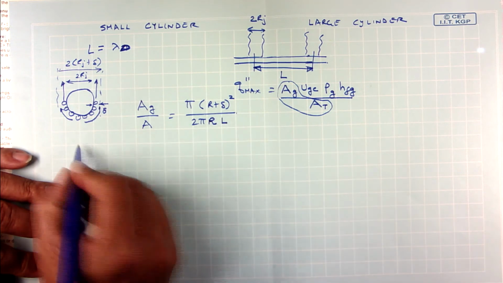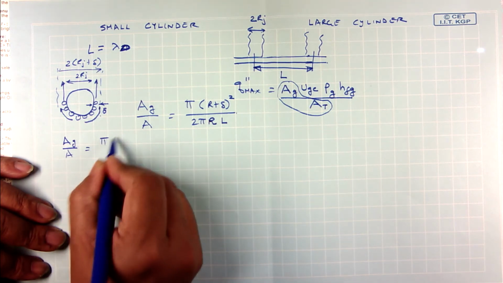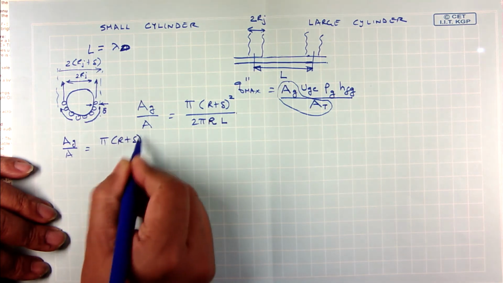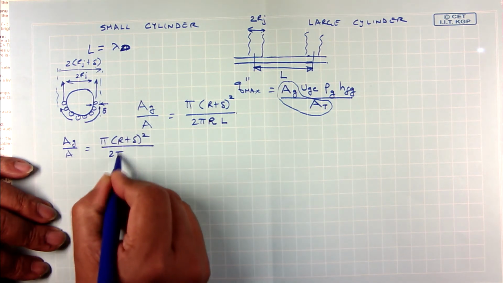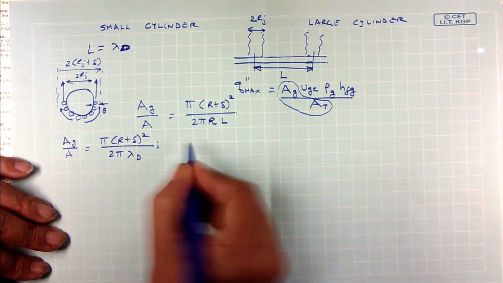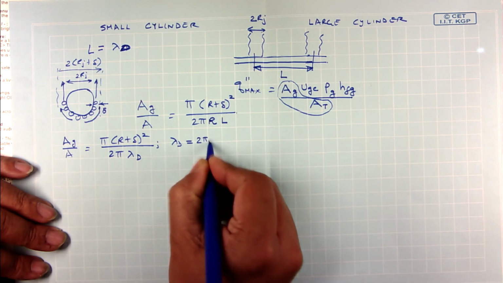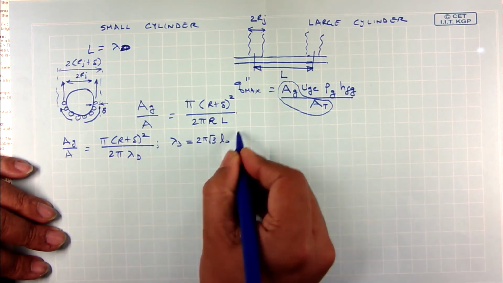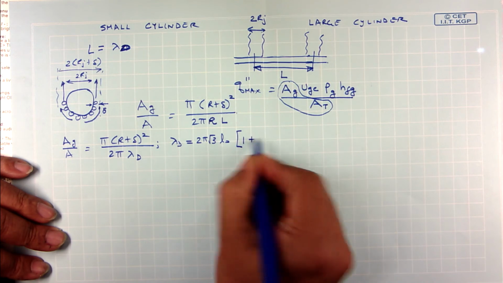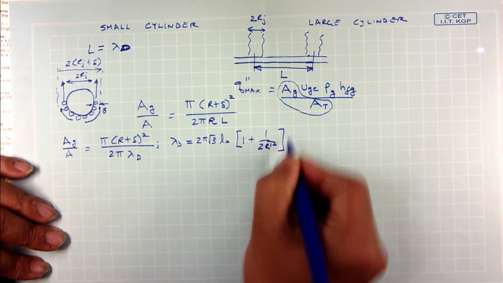So, Ag by A will come out equal to pi times R plus delta whole square divided by 2 pi times lambda d. And what did we say was the lambda d for a cylindrical configuration? We said lambda d is equal to 2 pi root 3 L naught times 1 plus 1 by 2 R prime square to the power of minus half.